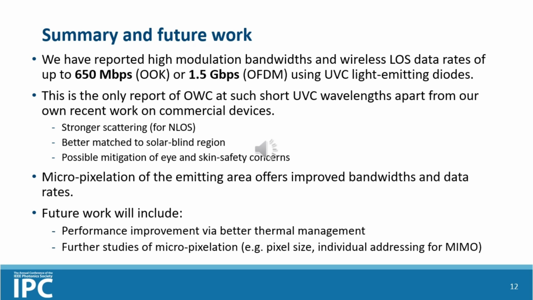This is some of the only work that's been reported so far using LEDs with such short wavelengths, and operating at these short wavelengths brings several advantages, such as stronger scattering for non-line of sight communications in future, a better match to the solar blind region of the spectrum, and possibly mitigating some of the eye and skin safety concerns. Furthermore, we've shown that micro-pixelation of the emitting area offers improved bandwidths at the expense of optical output power, and can potentially lead to improved data rates.